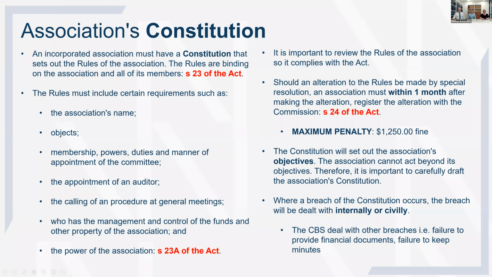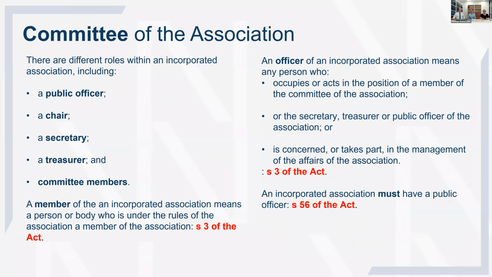The next simple thing that you probably all are aware of, but I think, again, it's important to set out, is that the committee of the association needs to incorporate these people, which include a public officer, a chair, a secretary, a treasurer, and committee members. Members, as described in the rules of the association, can be a person or a body.